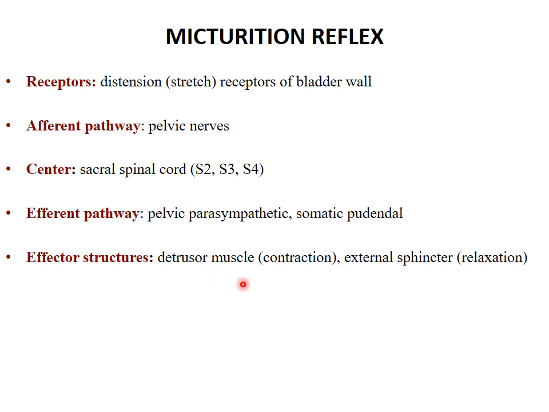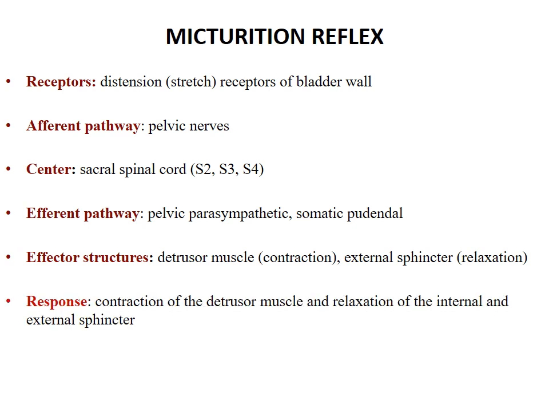The detrusor muscle contracts through the pelvic parasympathetic nerves, whereas the somatic pudendal nerve innervates the external sphincter. And remember, the external sphincter is made up of skeletal muscles, so it is under voluntary control. That is why this nerve is a somatic nerve, and the name of the nerve is the pudendal nerve.